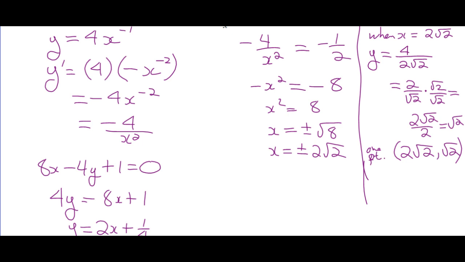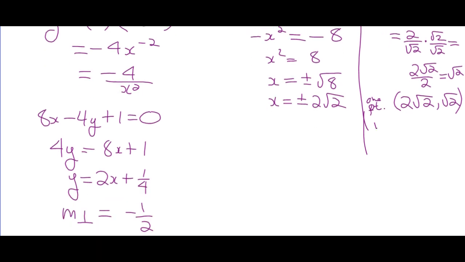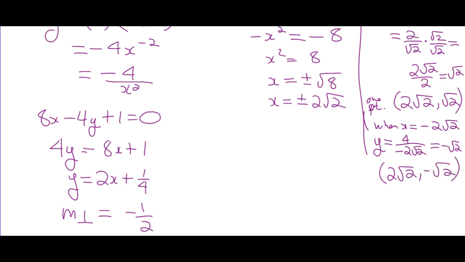And the other point: when x is equal to negative 2 root 2, then y is equal to 4 over negative 2 root 2. Now, you can cut to the chase. What is it? Negative root 2, right? We've already solved the same problem with the positive, so I think we can just say negative root 2 here. And so we get the point 2 root 2, negative root 2.